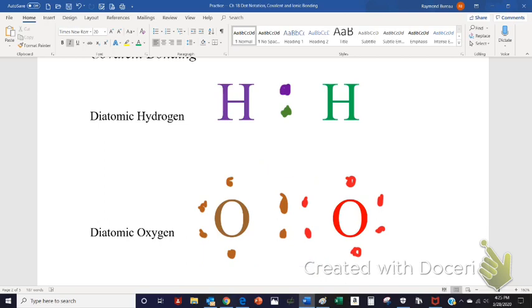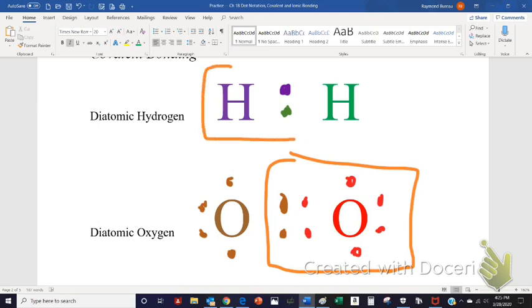Well, so is the red one, doing the same thing, using its 6 plus the other 2 from the other oxygen atom. So now this oxygen atom has 8 valence electrons. By sharing, they're both happy. They're both stable on their outside energy level. And that's very much like the hydrogens up above that need only 2 valence electrons to fill up their one and only outer shell.